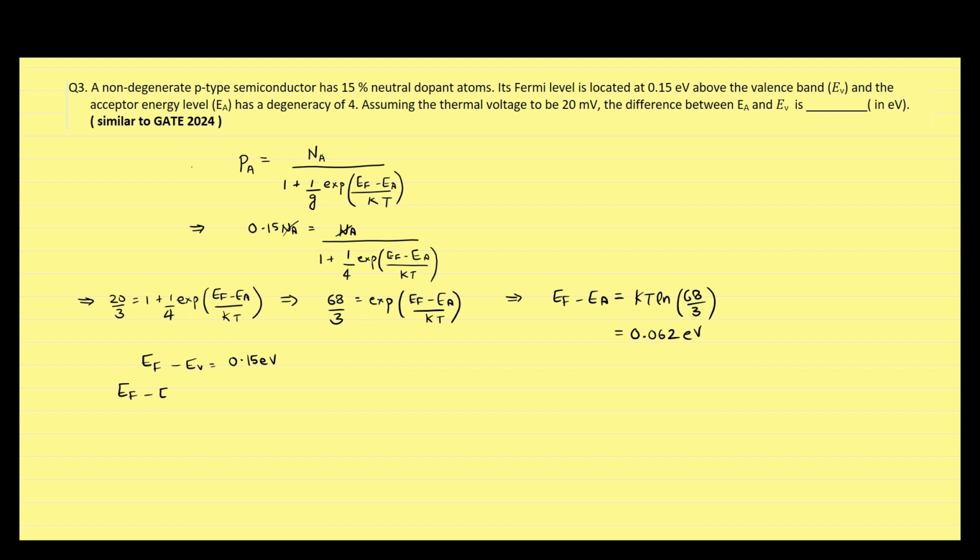We can also write this equation like EF minus EA plus EA minus EV is equal to 0.15 electron volt.